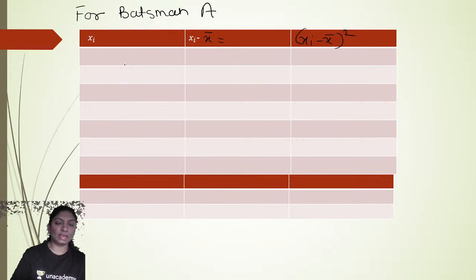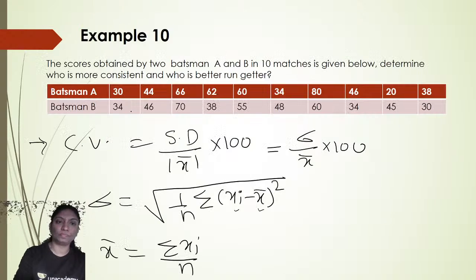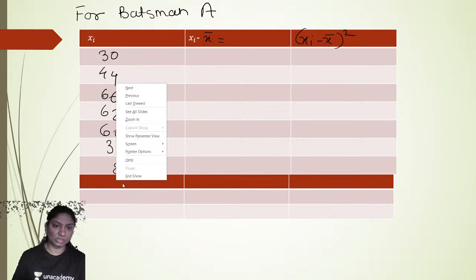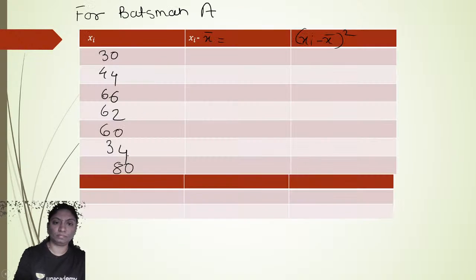The values of xi are 30, 44, 66, 62, 60, 34, 80, 46, 20, 38.